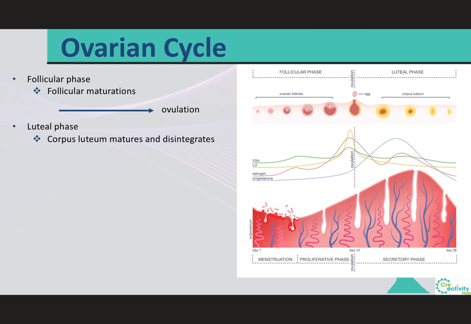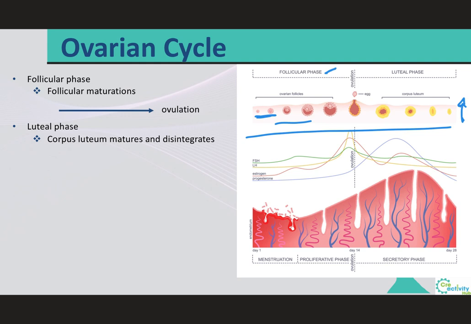To summarize, we can take a look at the top half of this graph where we can see the follicular development, which is actually called the follicular phase. We already know that within the ovaries are the ovarian follicles.